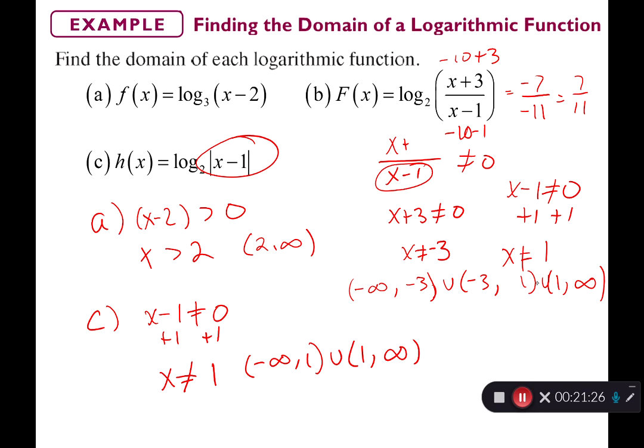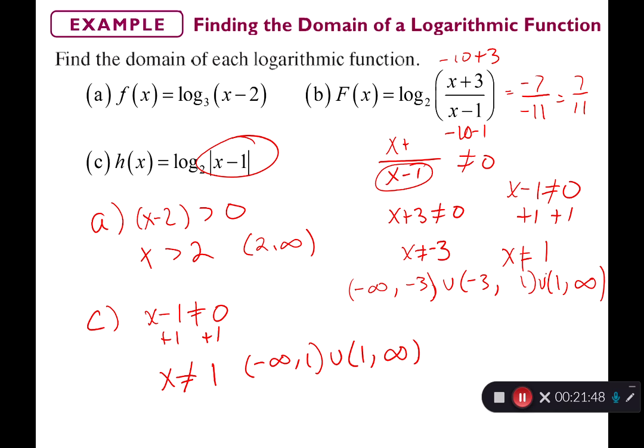I'll make a little bit better U. There we go. And that would be our domain for B. Like I said, B is a kind of an interesting problem, and it's one of those things where testing some numbers sometimes will tell you a lot about the domain.